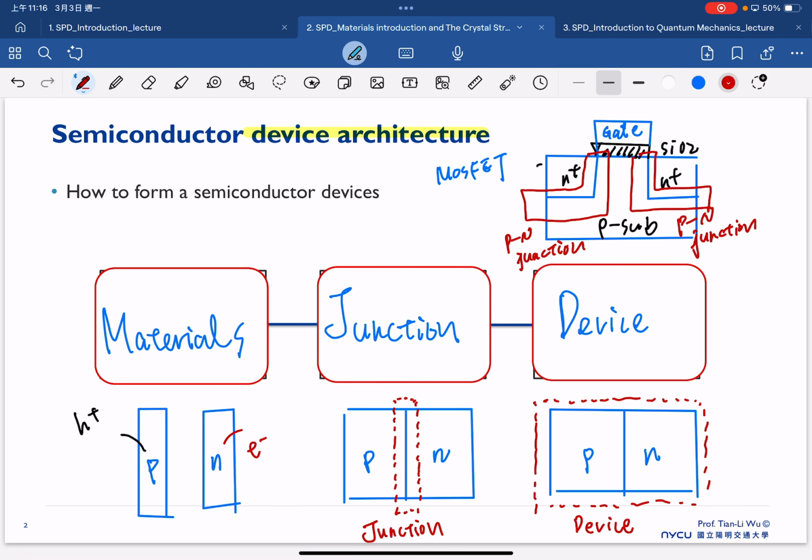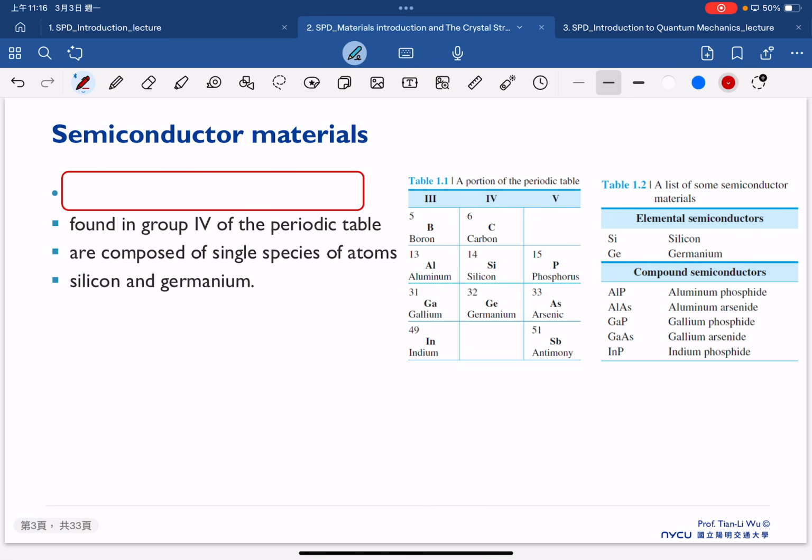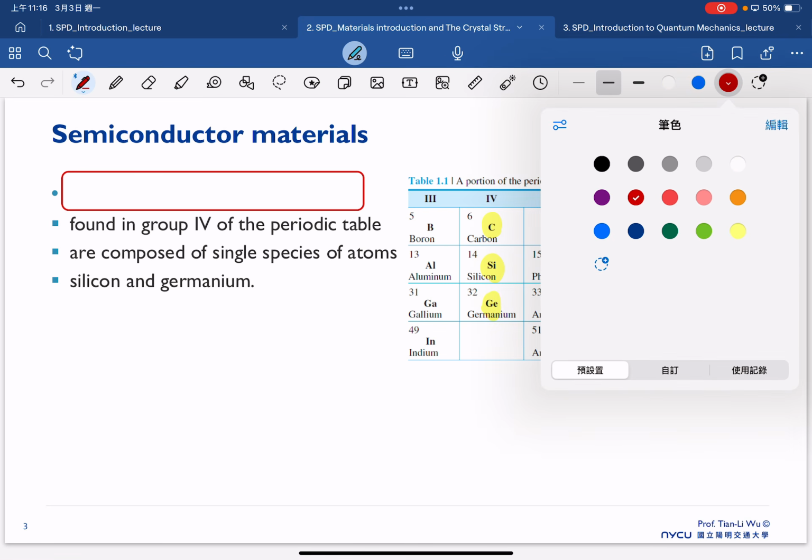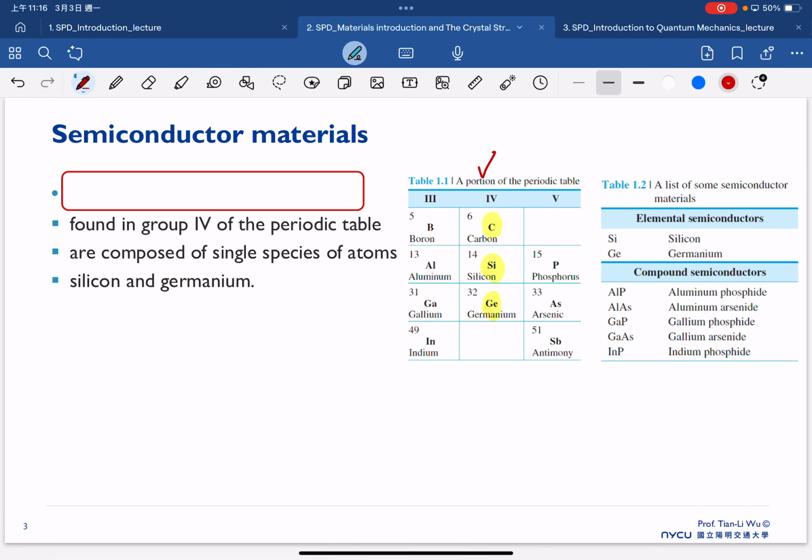Okay, so now first we have to understand the materials. In terms of materials, as we all know, we can look at the chemical species in the periodic table, and in column 4, we have carbon, silicon, and germanium. And this we consider as an elemental semiconductor.